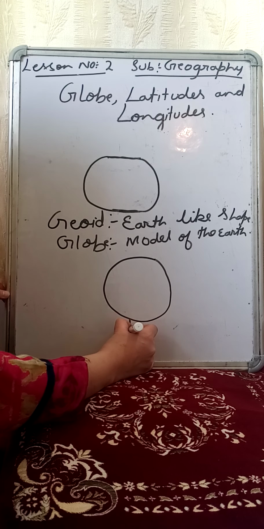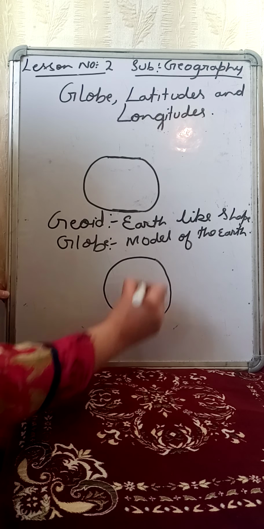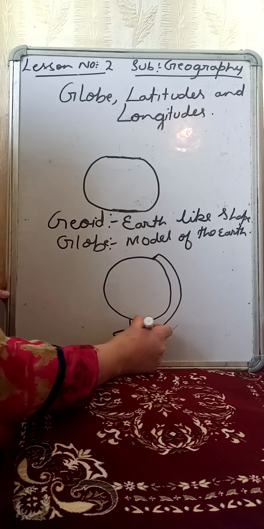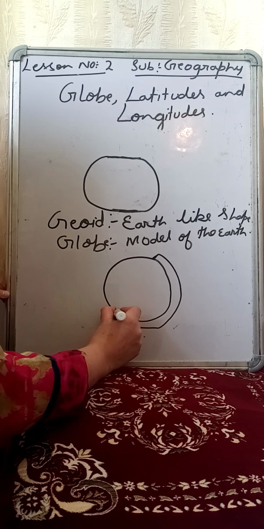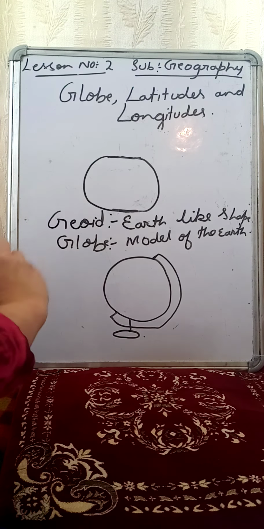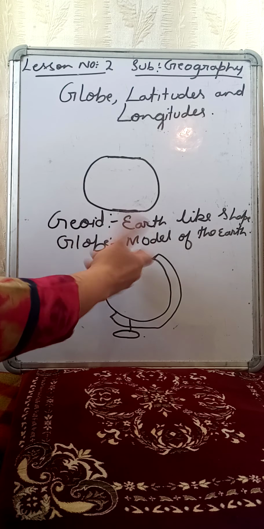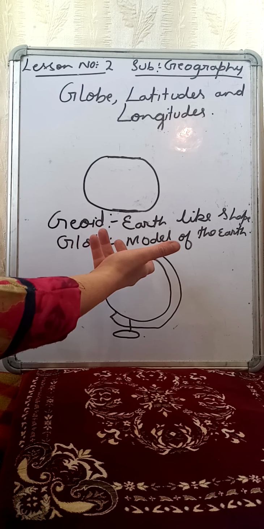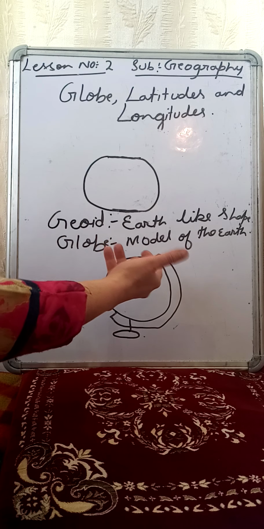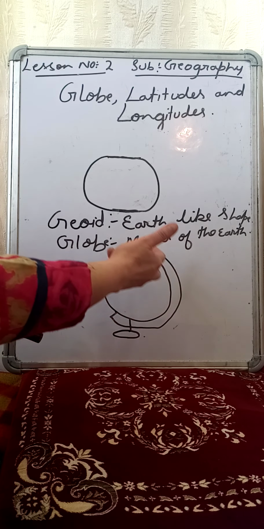It has a stand. Then we have a needle. With the help of this needle, the globe rotates like this. It keeps on rotating from west to east.